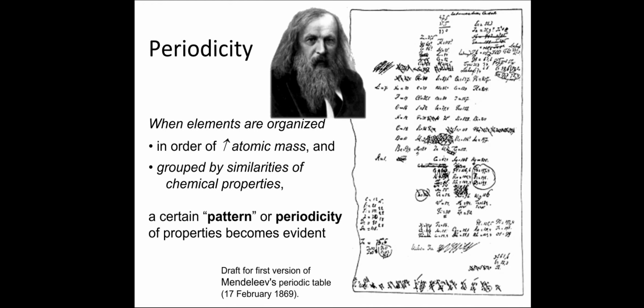According to him, when elements are organized in order of increasing atomic mass and grouped by similarities of chemical properties, a certain pattern or periodicity of properties becomes evident. So Mendeleev arranged elements in the order of increasing atomic masses and grouped elements whose properties are similar.